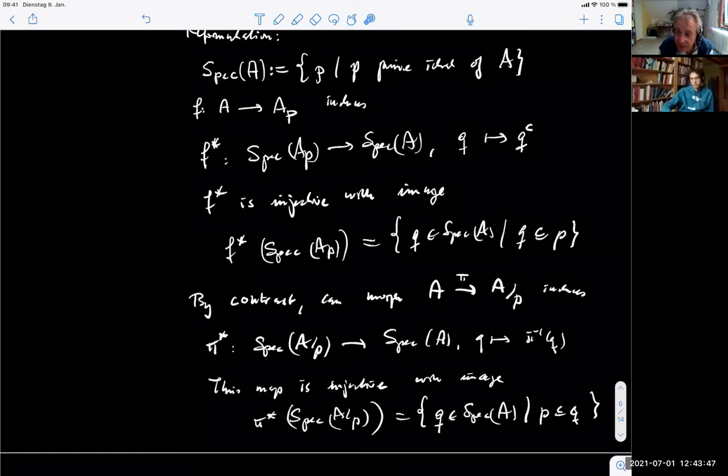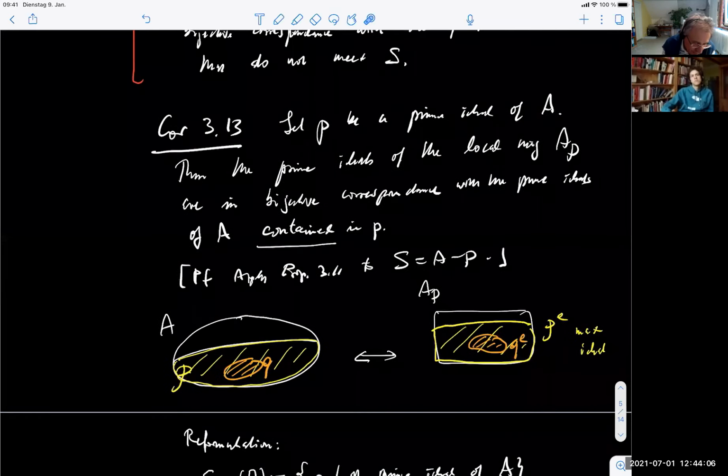Okay. So now we see we have kind of two constructions. I have my ring A and I have a prime ideal P. I can on the one hand form this factor ring, look at the spectrum of it, or I can form the localization. Okay, and it has very different effects, kind of complementary effects.